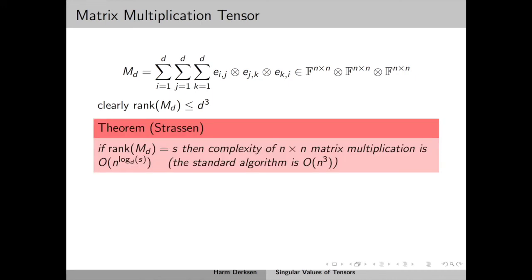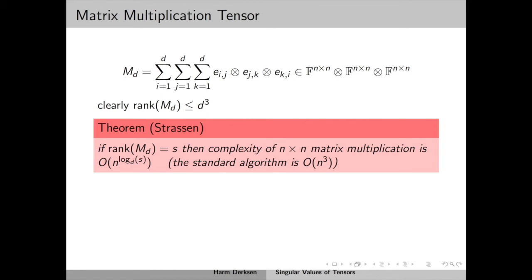Now there's a result of Strassen that says that if the rank of this tensor is S, then you can show something about the complexity of matrix multiplication.